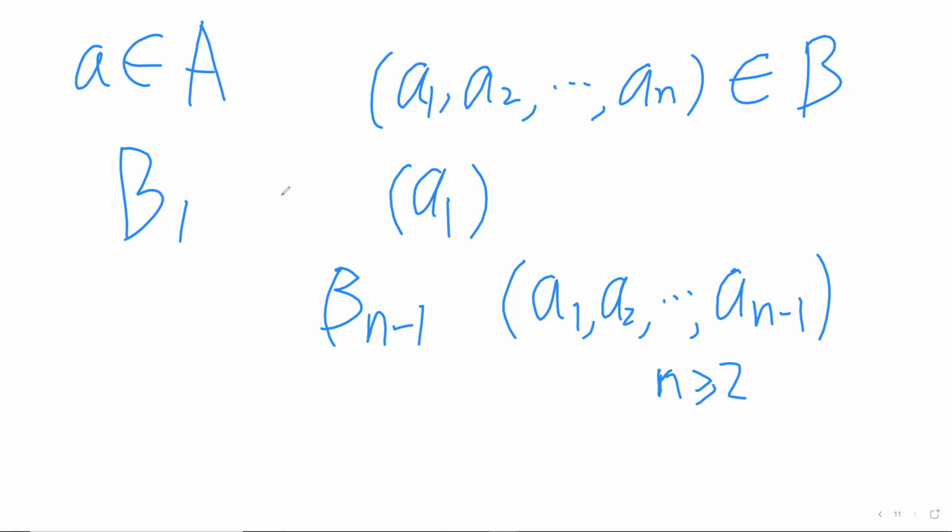B1 is countable, and we want to deduce Bn, which contains A1 until AN as its elements. Will this be countable?